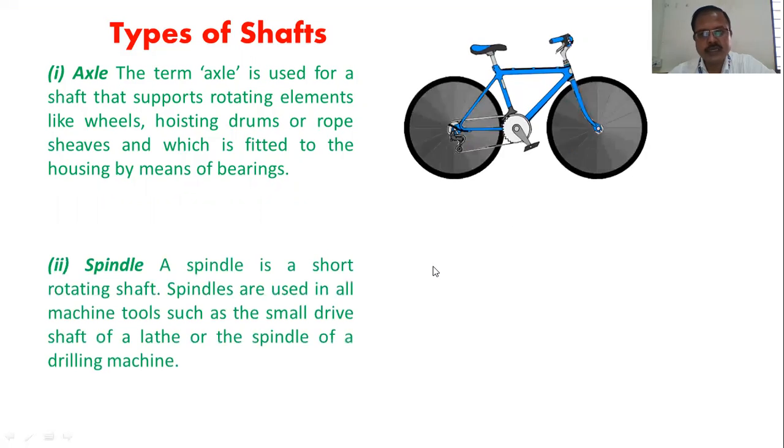A shaft can be a spindle, which is very short in length and which is generally an integrated part of a machine tool. Spindles are generally the lathe machine spindle, drilling machine spindle. So we can call them the integral part of the machine tool.